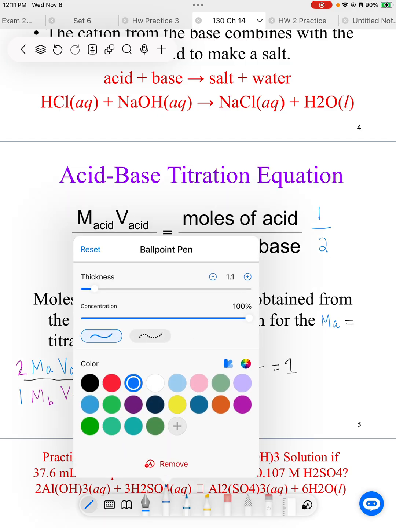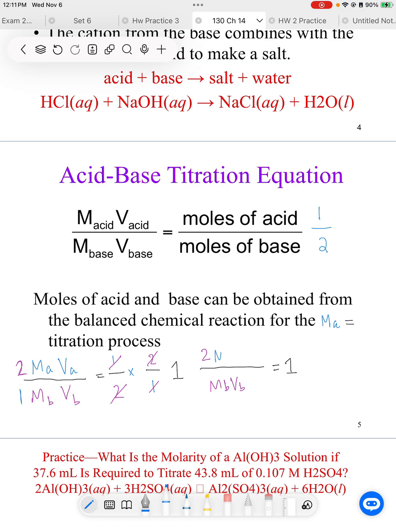Okay, and on the top we have our acid, MAVA. But we're not done yet. We got rid of the fraction. That was good. But now we need to isolate. We chose to isolate the molarity of acid. We're pretending that we're solving for the molarity of acid. So molarity of acid is on top of this fraction right here.